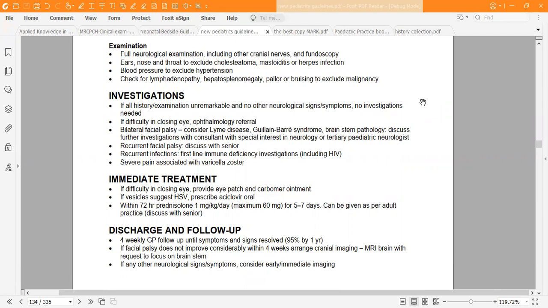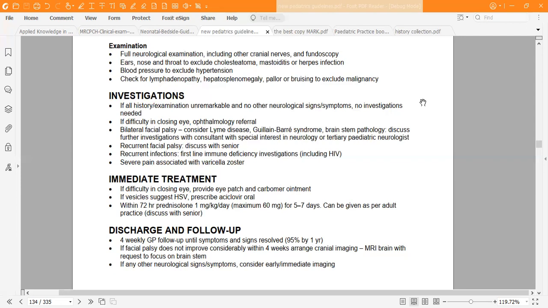If there is a bilateral facial palsy, consider Lyme disease, Guillain-Barré syndrome, and brainstem pathology. Discuss further investigations with a consultant with a special interest in neurology or a tertiary pediatric neurologist.